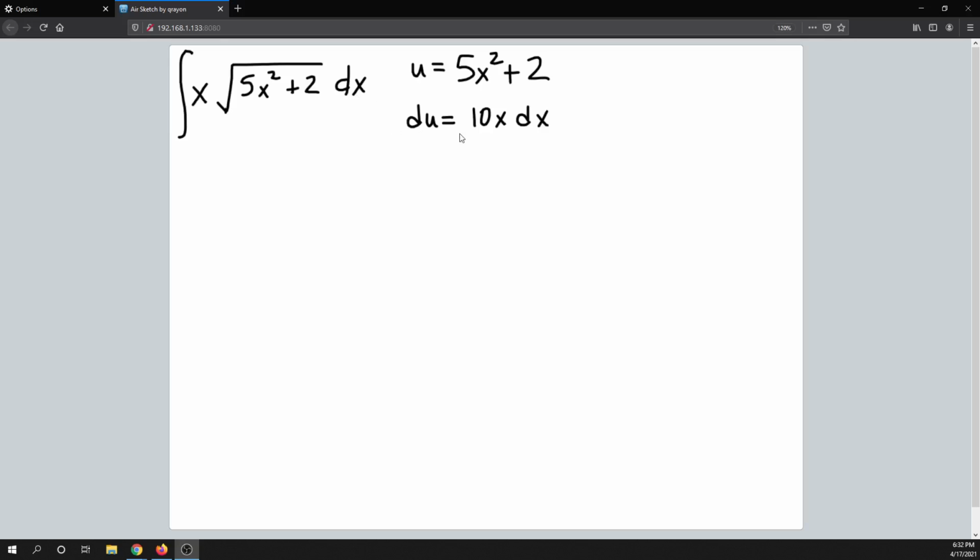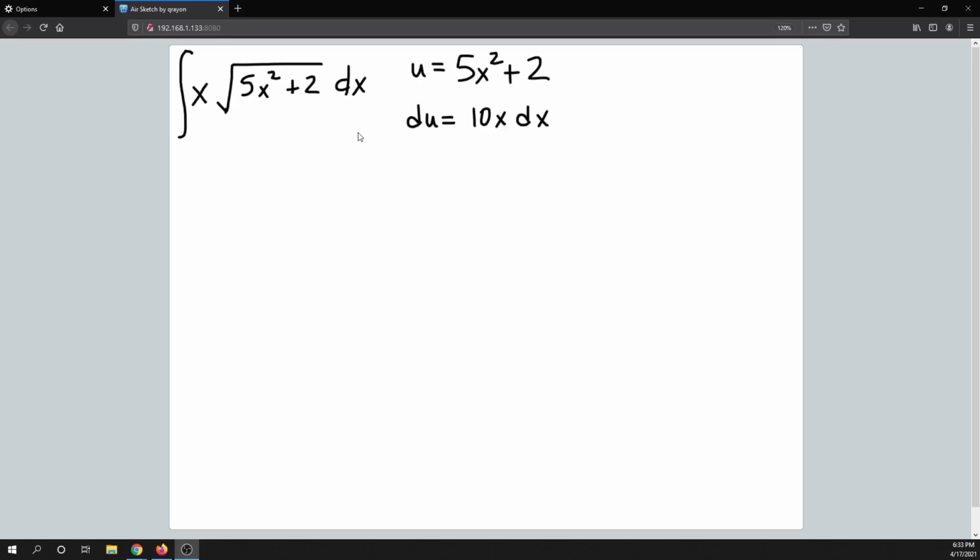Now, obviously, for the dx, I'm going to have to use this equation because dx doesn't appear in this equation. I can see that over here on the right-hand side, I have more than dx. I have the 10, and I have an x and a dx. And you can see here I have this x and the dx over here. So that sort of matches this part of the substitutions.